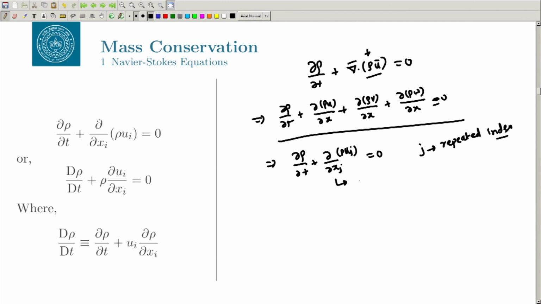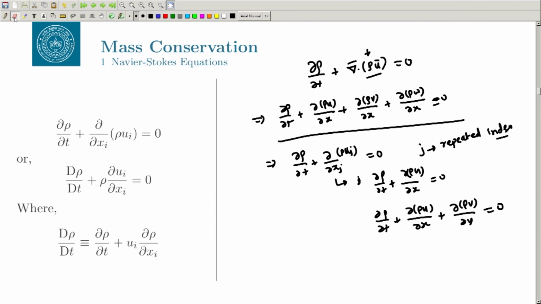If it is a one dimensional flow, then it will be just del rho by del t plus del rho u by del x. If it is 2D, then this is del rho by dt plus del rho u by del x plus del rho v by del y. And if it is 3D, then we have del rho w by del z as well.